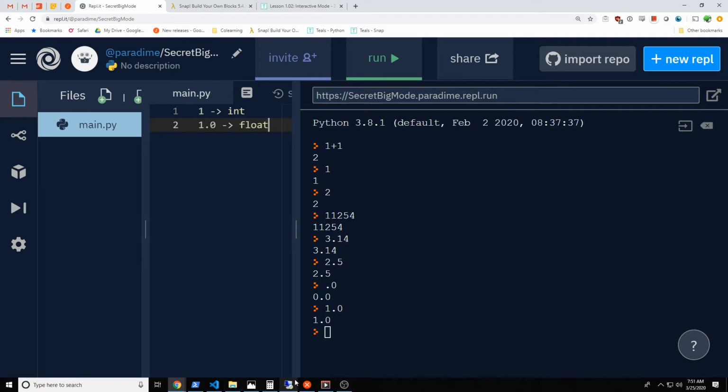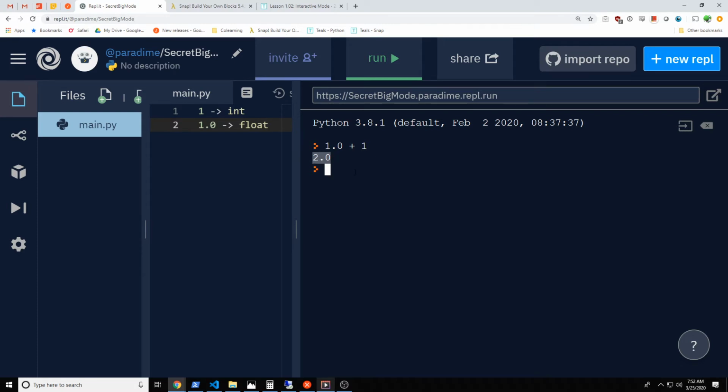So there you go. We can actually interact with different integers. I can add integers together. 1 plus 1 is equal to 2. 1.0 plus 1 is equal to 2.0. What is the type of this?